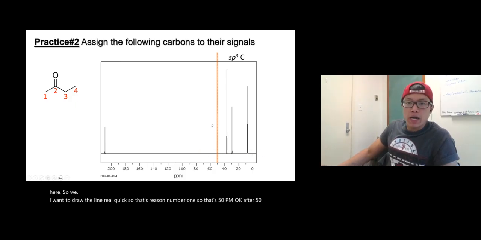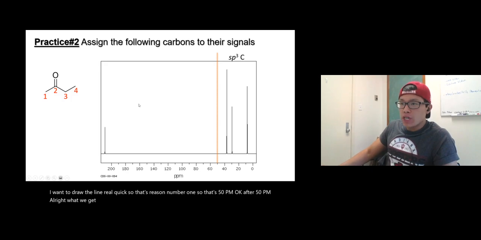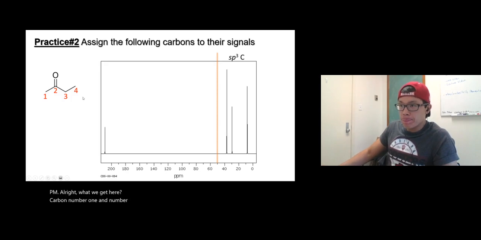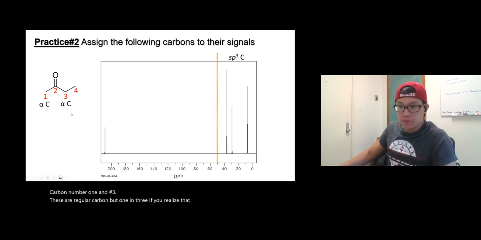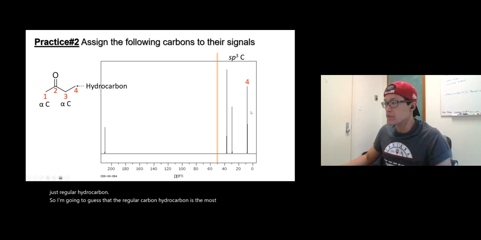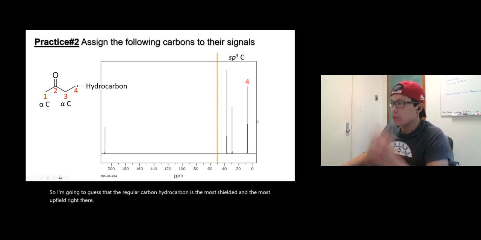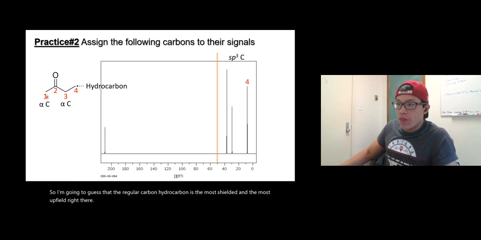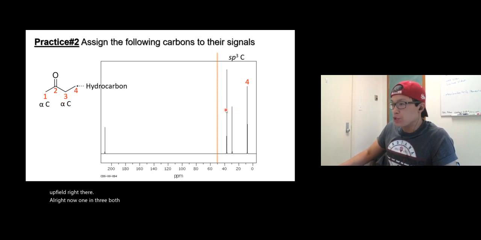All right, what do we get here? Carbon number 1 and number 3 are regular carbons, but if you realize, those are alpha carbons. Number 4 is just a regular hydrocarbon. So I'm going to guess that the regular hydrocarbon is the most shielded and the most upfield, right there. Now, 1 and 3 are both alpha carbons, so probably these 2.